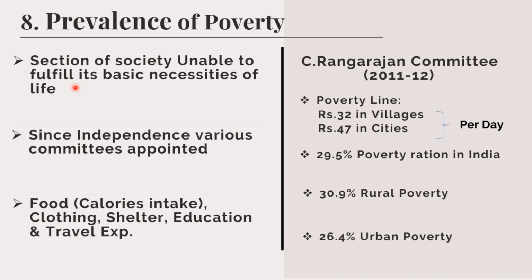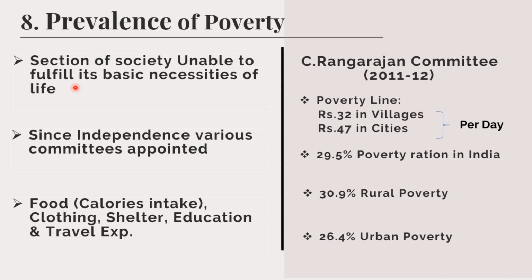And for the rural area, a person who is unable to intake 2400 calories per day is considered as a person living below poverty line. So calorie intake criteria of 2100 calories for urban area and 2400 calories for the rural area was determined in order to measure poverty by this task force committee in 1979.